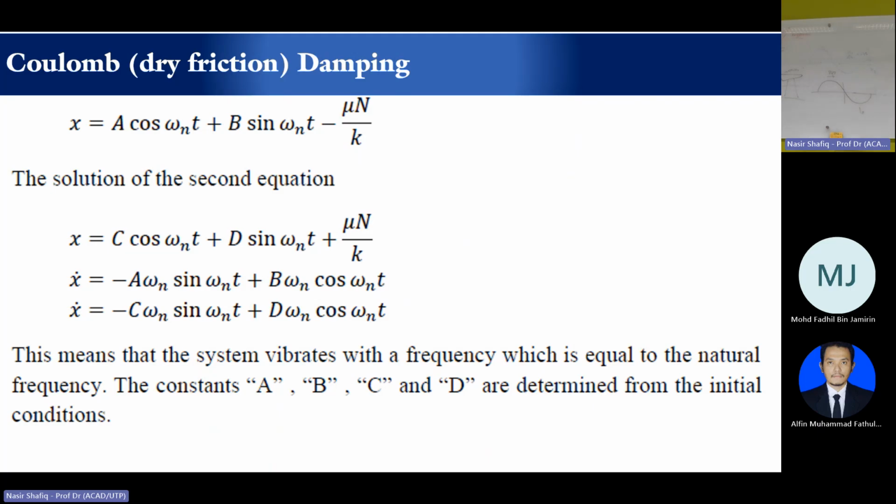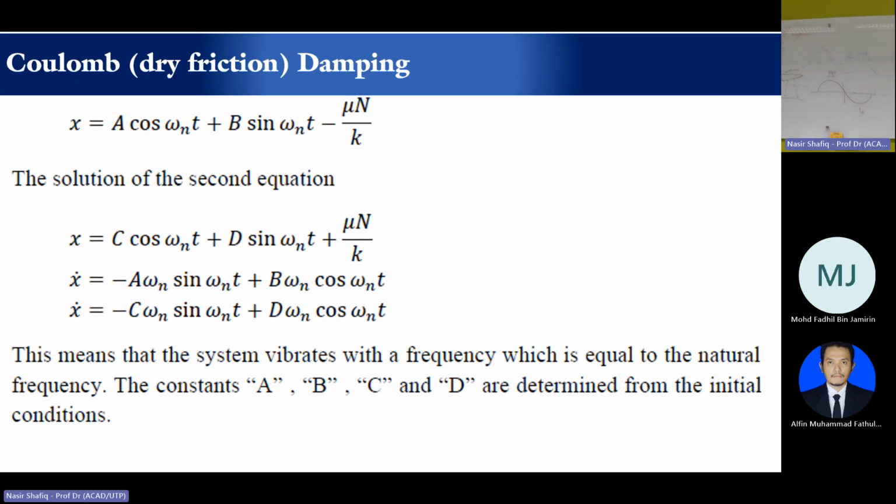We have already covered it in the undamped free vibration, right? So this is the undamped free vibration, and this is because of friction damping. So for the first part it will become minus with that, and for the second part, it will be positive.